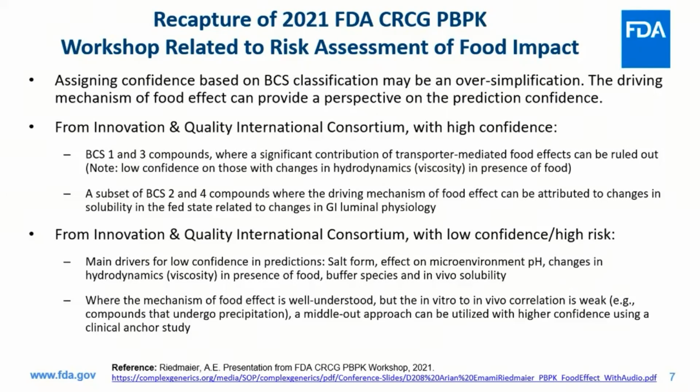High confidence is also associated with a subset of BCS class 2 or 4 compounds, where the driving mechanism of food effect can be attributable to changes in solubility in the fed state related to changes in GI physiology.